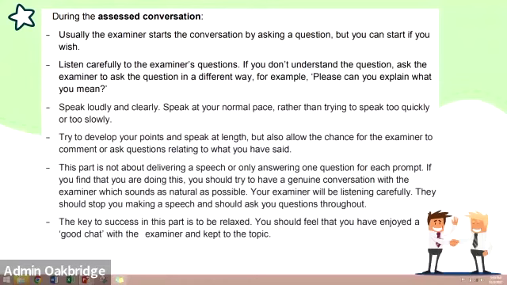Please remember, you have to be respectful because it's your teacher or your examiner and the whole thing is being recorded. You cannot talk in a very informal way. Instead, maintain a formal tone. Number 3, during the assessed conversation, it is very important for you to speak loudly and clearly.